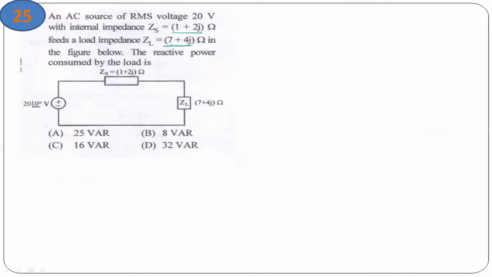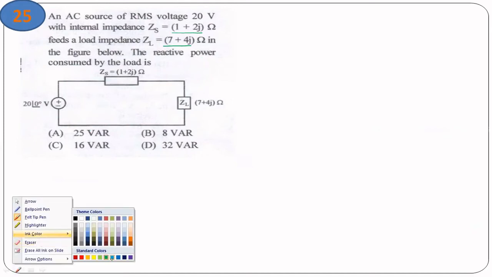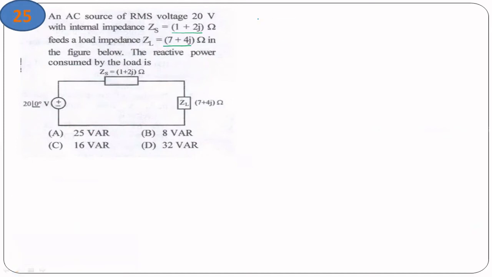We need to calculate the reactive power. Remember that whenever we need to calculate reactive power, it is about the calculation of Q, which is nothing but the sin phi component of power.